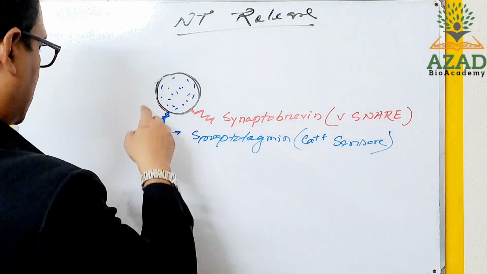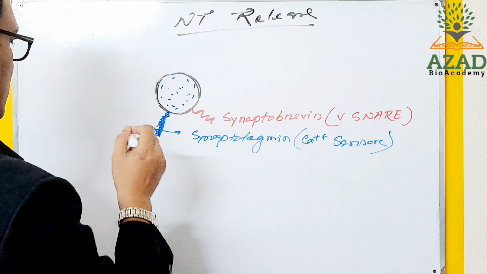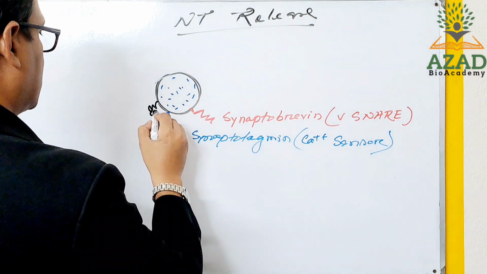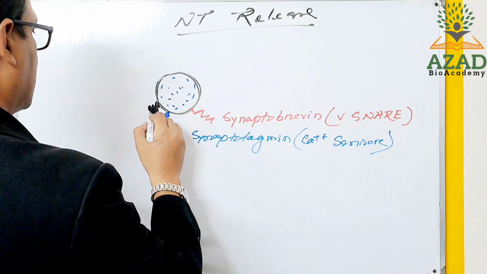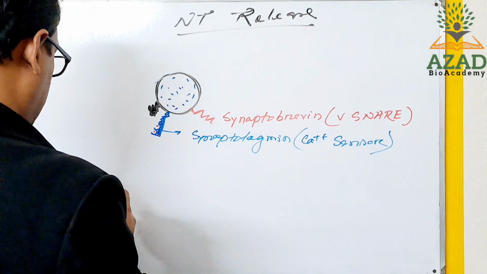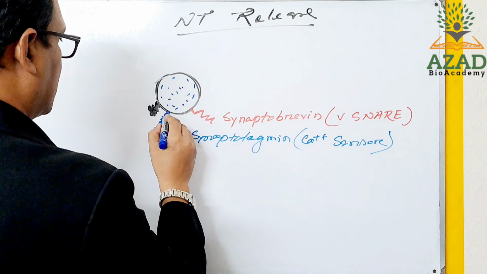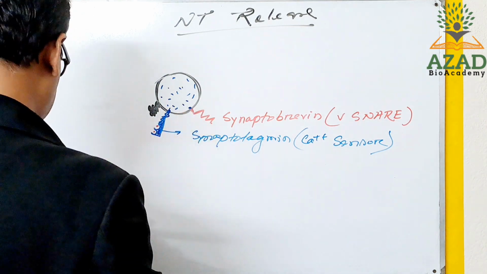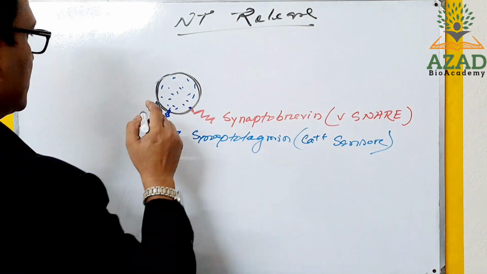And also here is another thing, a protein, an attached protein, and this is also transmembrane. Okay, and this is the attached protein.